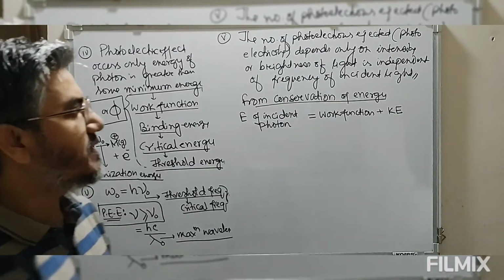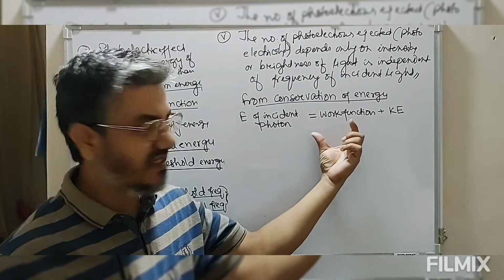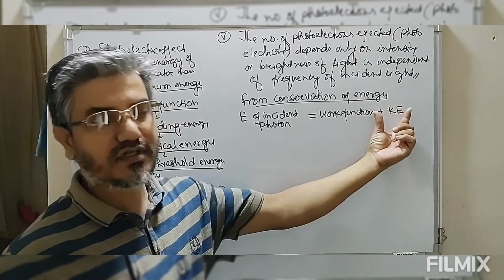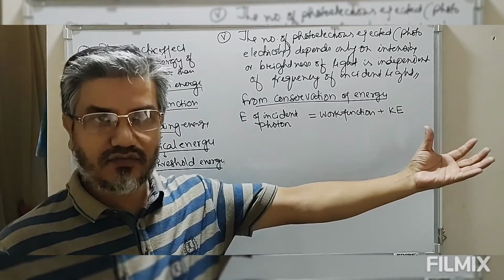Some minimum energy is used for breaking this attractive force, and the rest is converted into the kinetic energy of the electron.